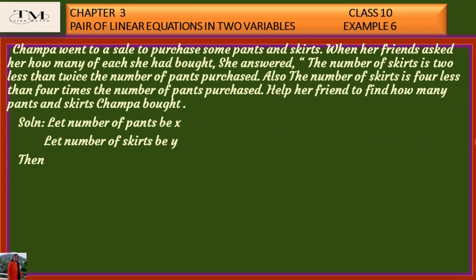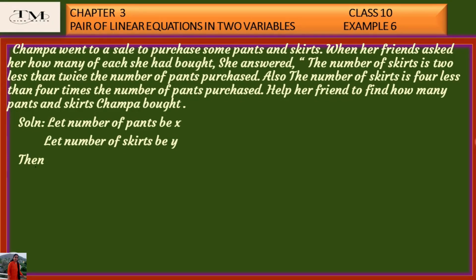Instead of saying directly, Champa says that the number of skirts is 2 less than twice the number of pants. Also, she says the number of skirts is 4 less than 4 times the number of pants purchased.